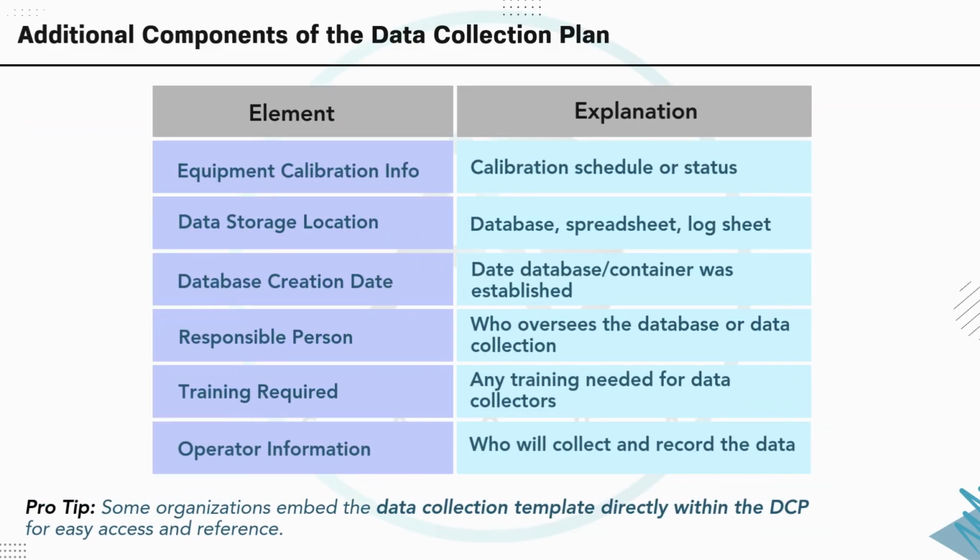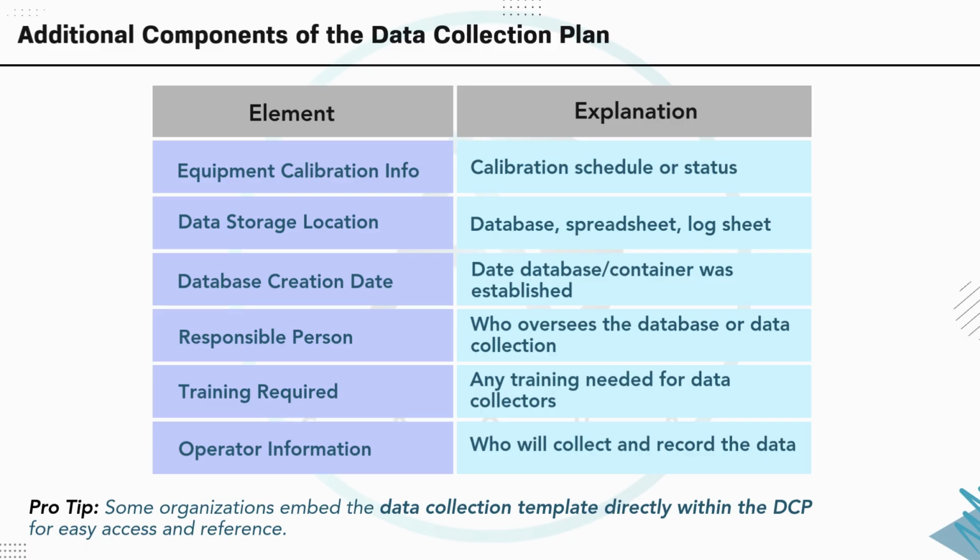In addition to the core components we discussed earlier, a truly comprehensive data collection plan, DCP, must also address several administrative and operational aspects to ensure smooth execution and accountability. Let's look at the additional elements listed here. Equipment calibration info.